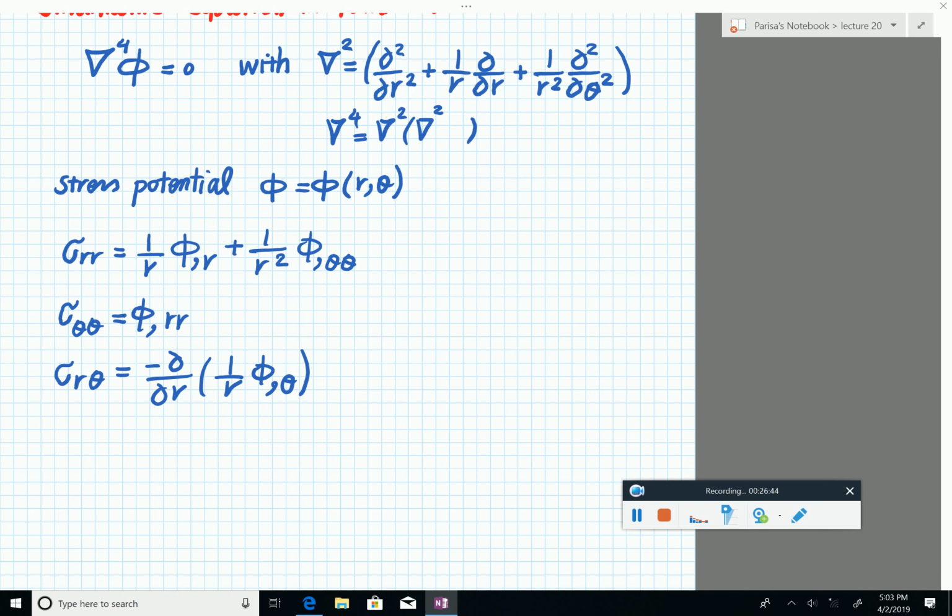The way the biharmonic equation looks, if you apply that operator on phi, is a little bit more complicated. Remember last time, in the class exercise when you derived the biharmonic equation, how many terms did you have?